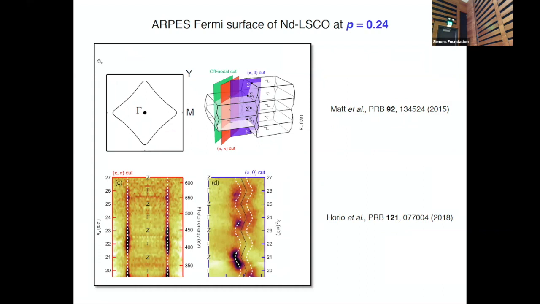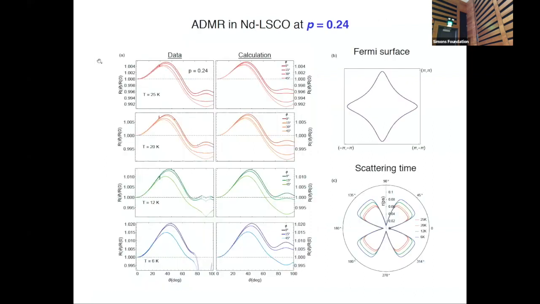So if you take the parameterization of the Fermi surface in terms of t prime, t double prime, tz, and you just take it right over and you calculate in the Chambers formula what you expect for the ADMR, then that's what you get. So this is the data, these are the calculations at different temperatures, 25, 20, 12, and 6. You lose the data at low temperatures because the in-plane field is not enough to kill superconductivity.